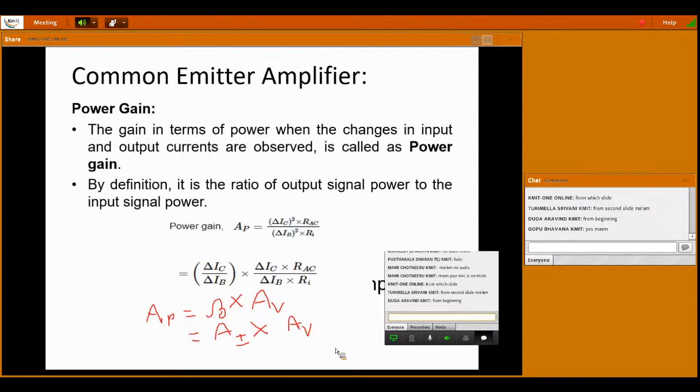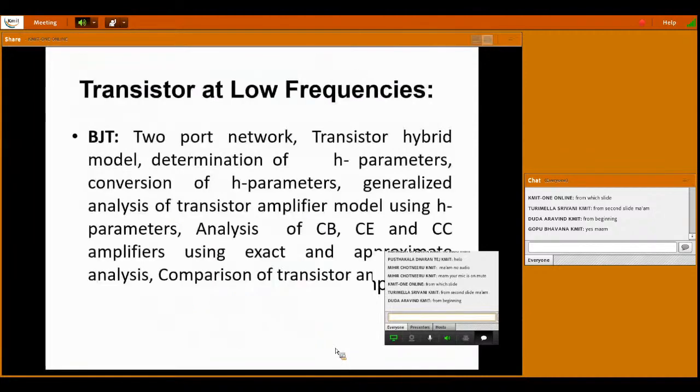In this next slide, we are going to learn about the AC analysis of an amplifier. This AC analysis is described using a two-port network, and we analyze those circuits using the hybrid parameter model.